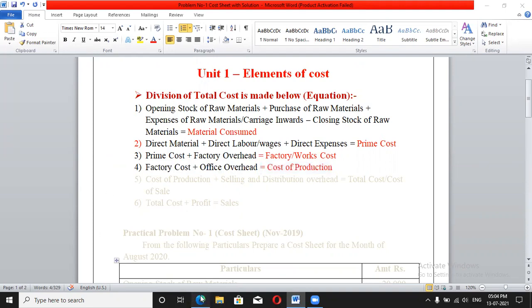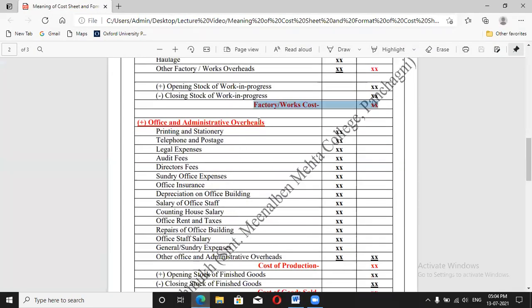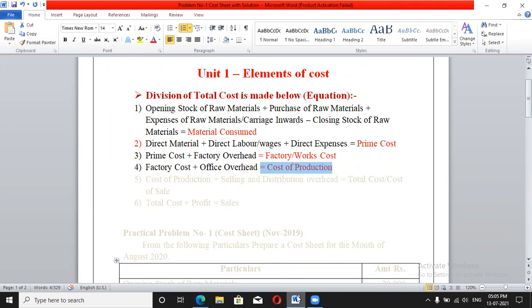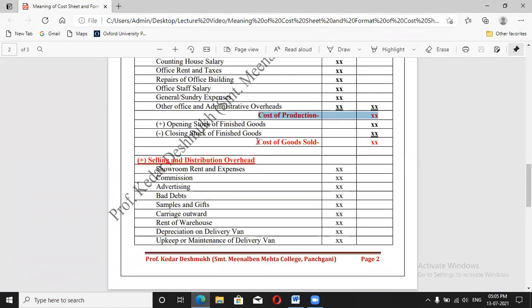In the format of cost sheet, when we add the office or administrative overhead under factory cost, we get the cost of production. So this is all about the equation.